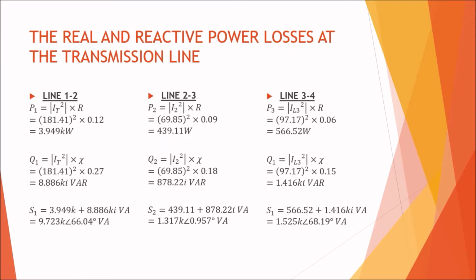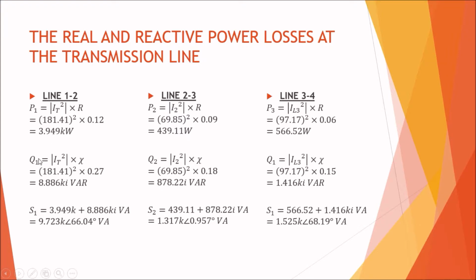For our assignment, we also need to find the value of real and reactive power losses at the transmission line. At line 1-2, to find the real power, we use the formula P1 equal to IT square times resistor. The value for IT is 181.41 square times with the value of resistor, which is 0.12, and we get 3.949 kilowatt.